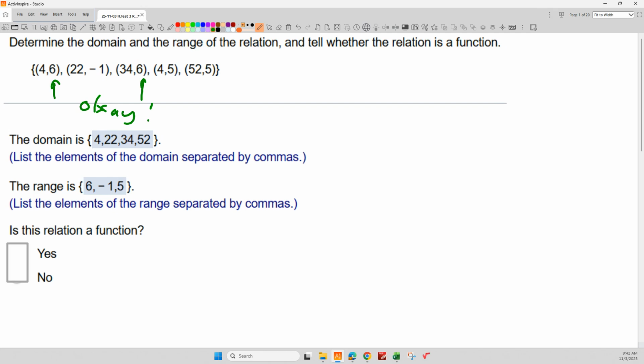For an input of 34, I get 1 output, which happens to be 6. That's okay. Y values can be repeated. But the problem is right here. Right? I get the same input value twice. So the input value 4 has more than 1 output, and therefore it's not a function.